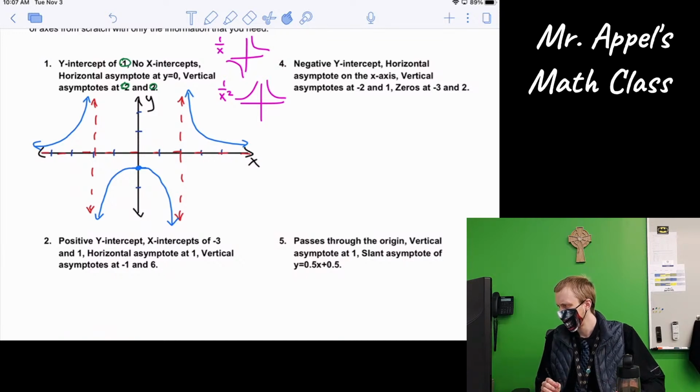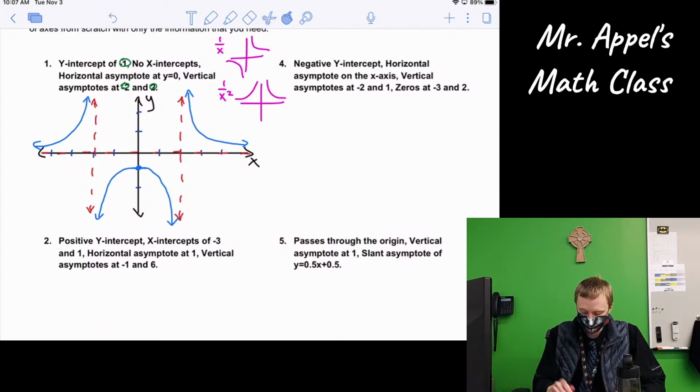Like 1 on the negative and 1 on the positive. That's what we had here. This was 1 on the negative, 1 on the positive.